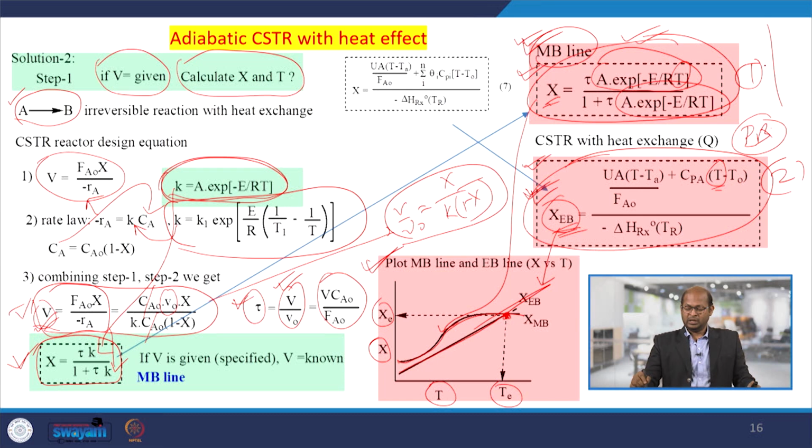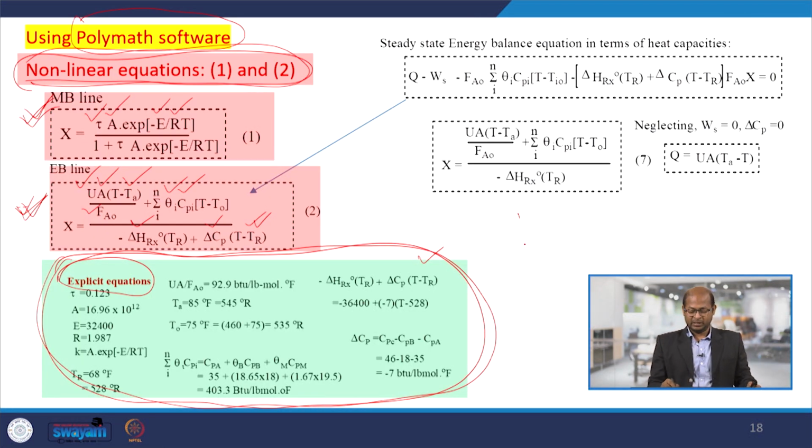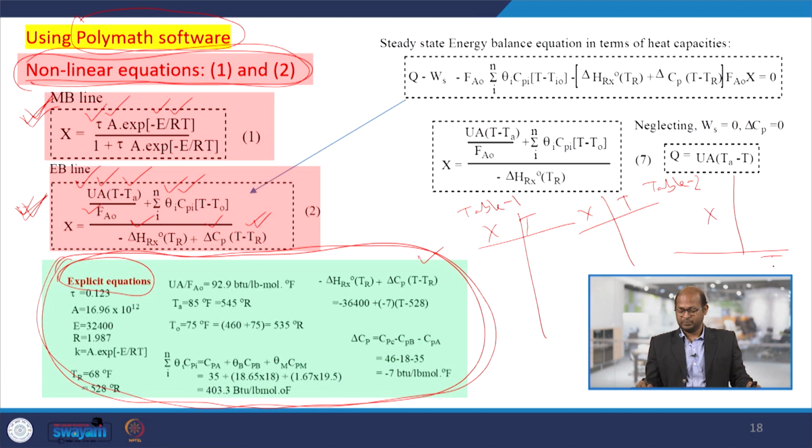We have to draw x versus temperature for the material balance and x versus T for the energy balance, both lines, and then plot. Numerically or graphically we can get this curve, or using Polymath we get x versus T table 1 and x versus T table 2, and then we plot x versus temperature, and this type of curve comes, and another comes if we plot both.